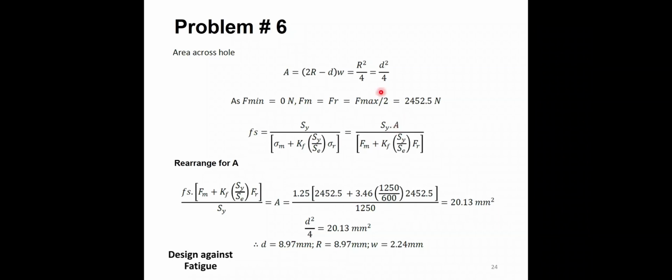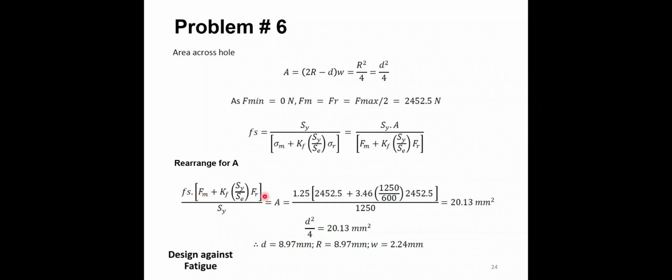Once we find the value of A, we can equate it to this D squared over 4, and then we can get D. Once we get D, we know R and we know the thickness W. So rearrange this equation in such a way that A is equal to this bracket multiplied by the factor of safety divided by S_CL. The factor of safety is 1.25, given.